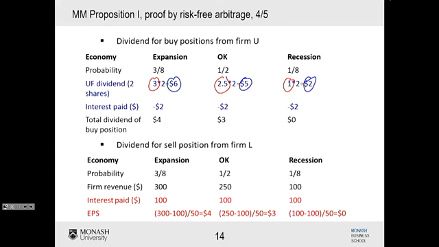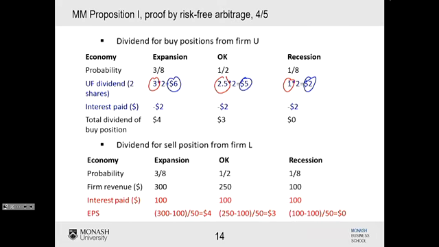But you financed this position by borrowing $20. Remember, you don't have $40 to purchase the 2 shares. You finance this position first by borrowing $20, and the next by selling 1 share in the levered firm. So we come to the first leg.